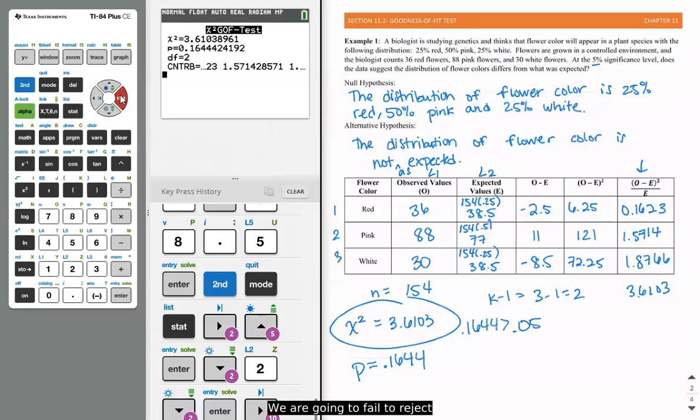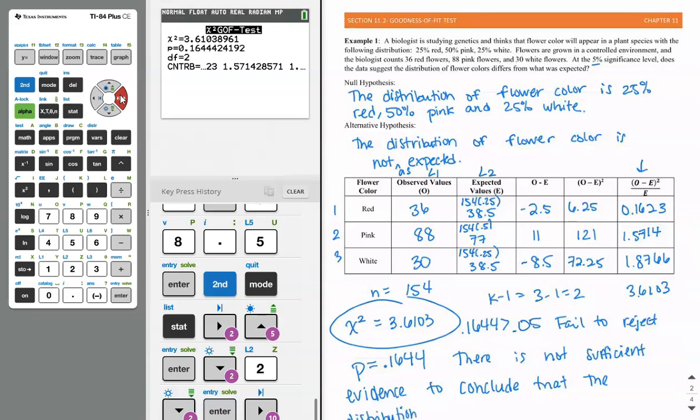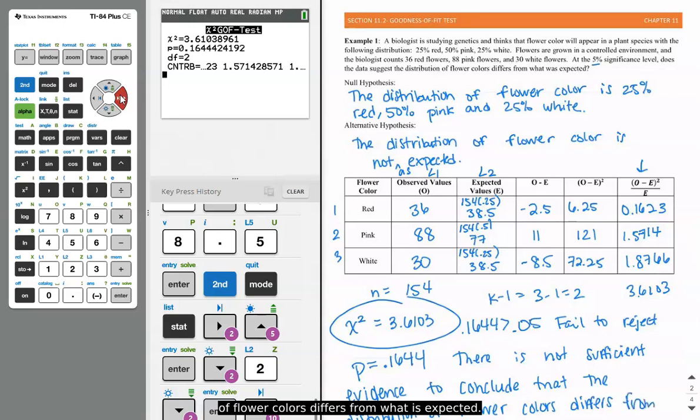So we are going to fail to reject and say there is not sufficient evidence to conclude that the distribution of flower colors differs from what was expected.